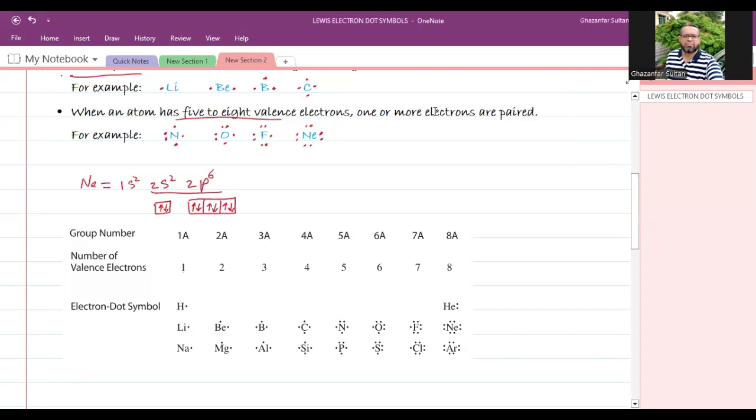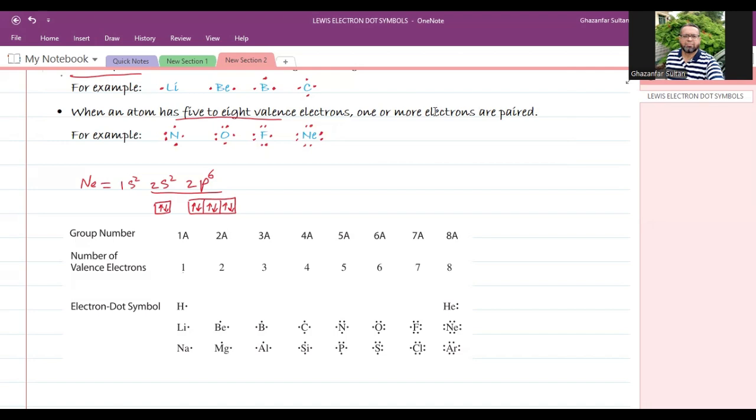Now there are certain elements in period number 1, hydrogen and helium; period number 2, lithium, beryllium, boron, carbon, nitrogen, oxygen, fluorine, and neon; and in period number 3, sodium, magnesium, aluminum, silicon, phosphorus, sulfur, chlorine, and argon. So you can see their electron dot symbols.